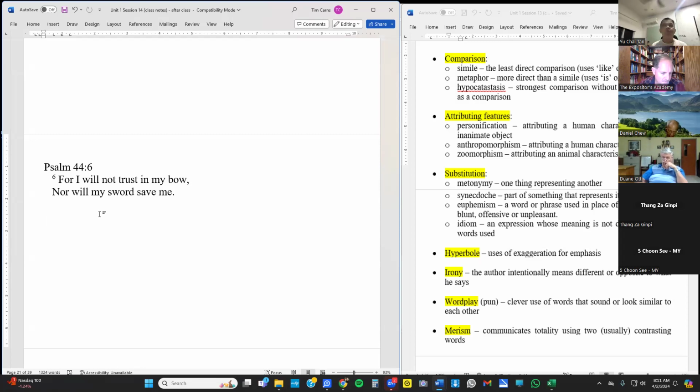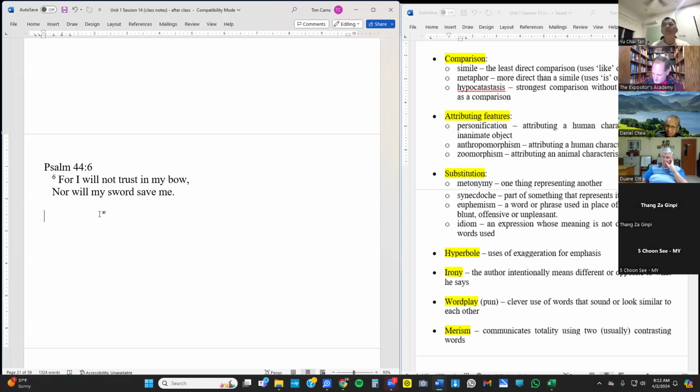What's being compared, or if it's a metaphor? Trust. His trust, my bow. There's no comparison to bow. So I don't think there's a comparison here.